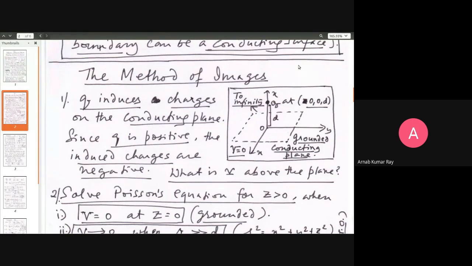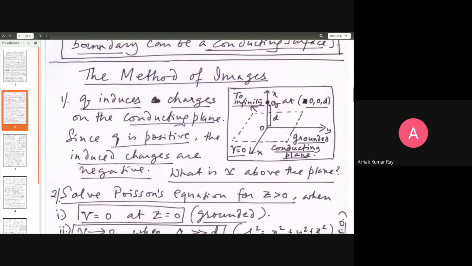Q divided by 4 pi epsilon naught into the distance from the position of the charge. Q by 4 pi epsilon naught r, let us say. You place the charge at the origin of coordinates, and so the potential at a distance r will be Q by 4 pi epsilon naught r. But is that so? Answer is no. It's not as simple as that.